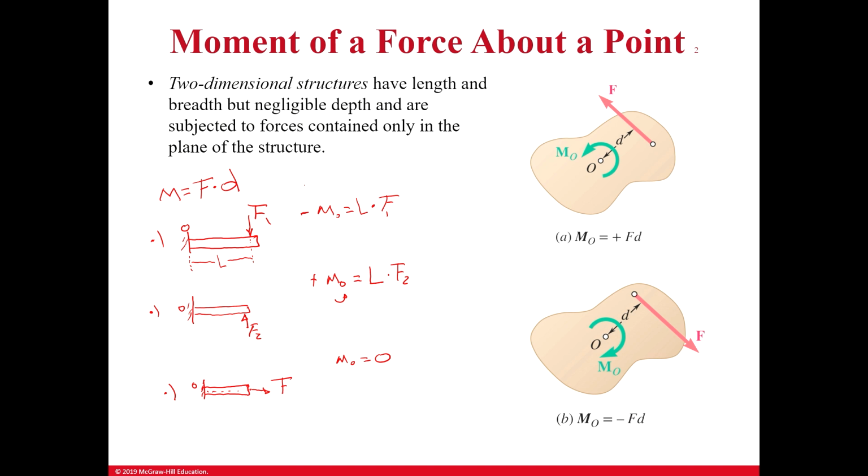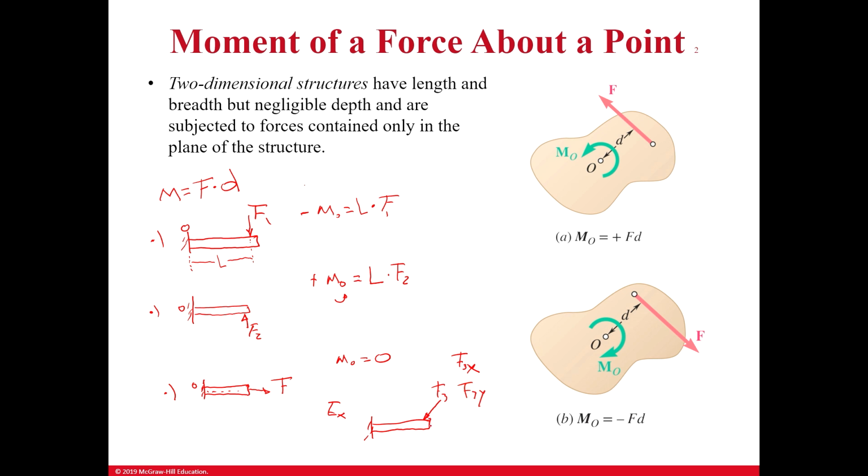For example, you have a beam and a force is applied at a certain angle. So when you find the components of F3, you're going to have F3x and F3y.